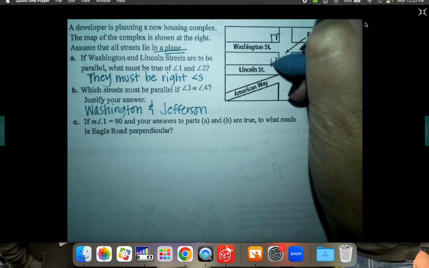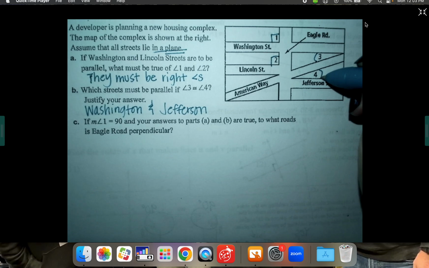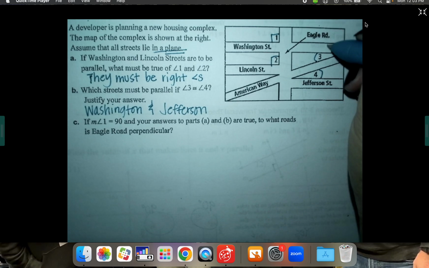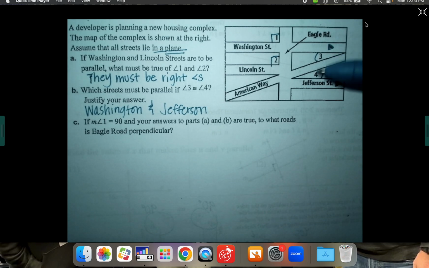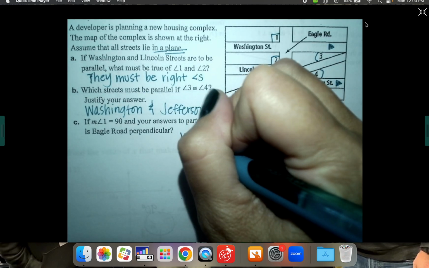So if this is true, and if this is true, then this is parallel to this, and that would mean Eagle Road would be perpendicular to Washington, Lincoln, and Jefferson, because it would be 90 here, and then in order for these to be parallel, it would also be 90 here. So Eagle Road would be perpendicular to Washington, Lincoln, and Jefferson.